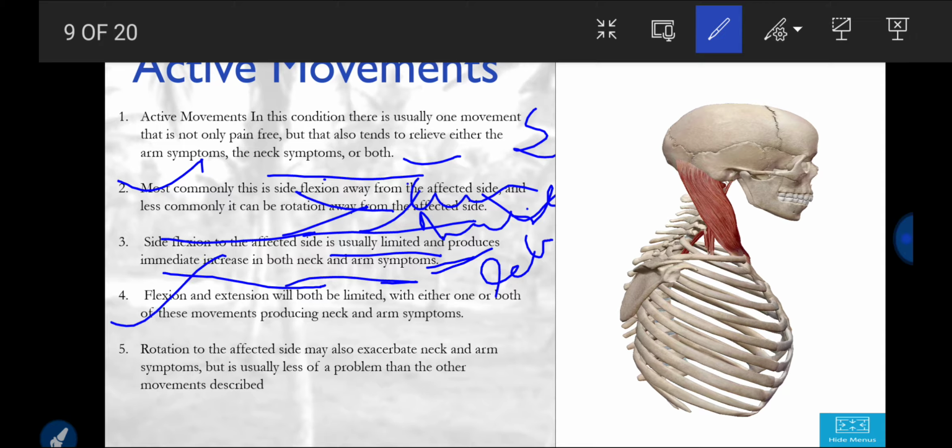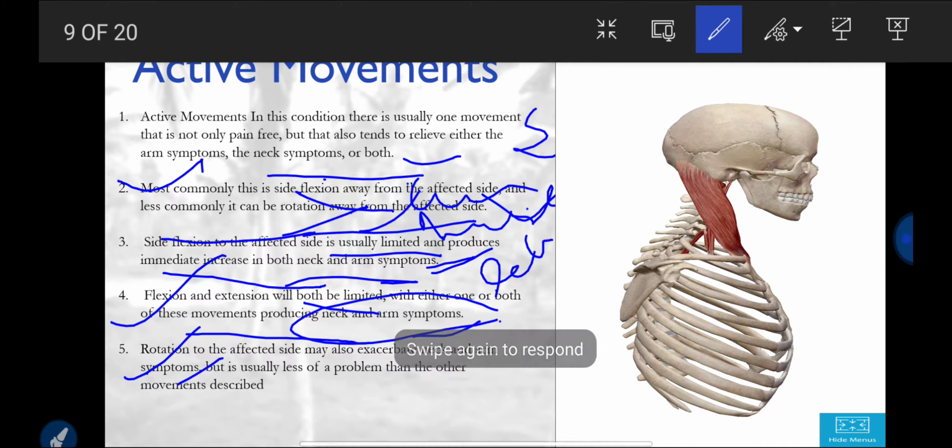Flexion and extension will both be limited, with either one or both of these movements producing neck and arm symptoms. Rotation to the affected side also exaggerates neck and arm symptoms, but is usually less of a problem than the other movements described. So rotation to the affected side may increase the symptoms.